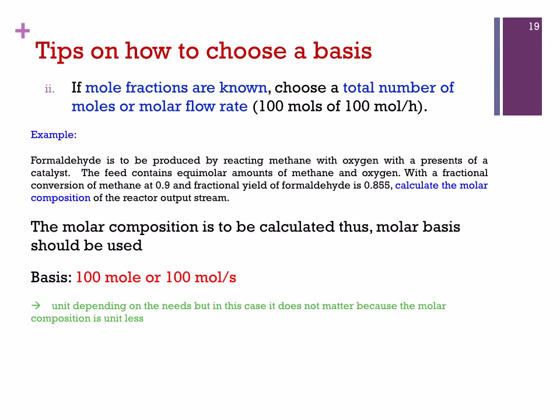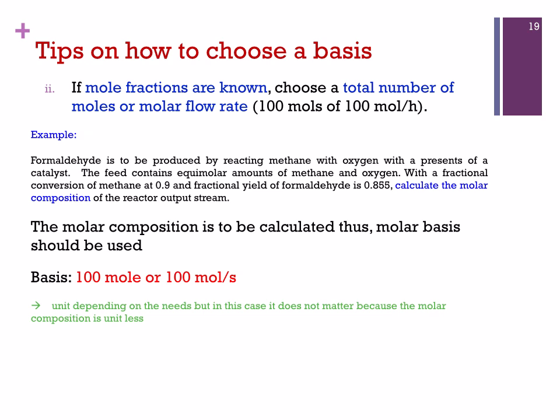In this example, we have a reaction of methane and oxygen to produce formaldehyde. The feed contains equivalent amounts of methane and oxygen. With a fractional conversion of 0.9 and fractional yield of formaldehyde of 0.55, you need to calculate the molar composition of the reactor output stream.